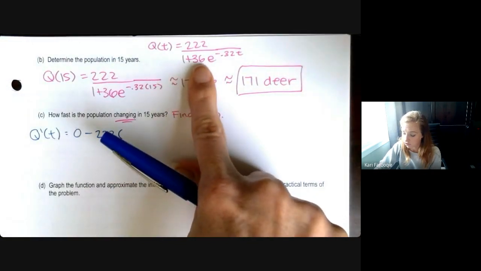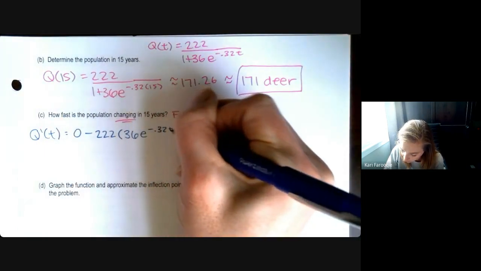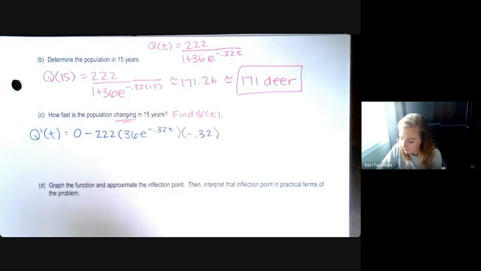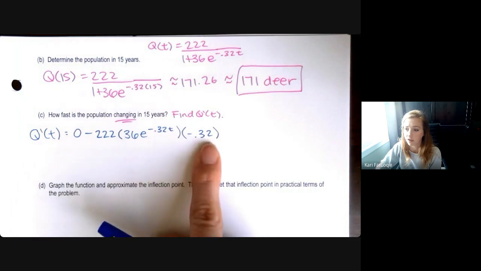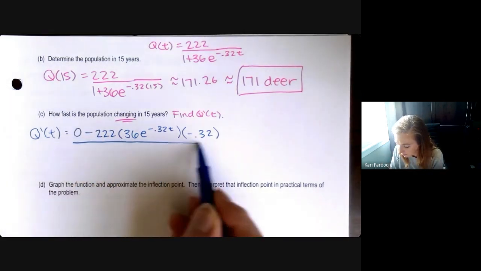For this expression, I'm going to keep the expression as is and then multiply by the derivative of the inside function. The inside function is negative 0.32t. Its derivative then is negative 0.32. So we have that divided by G squared.